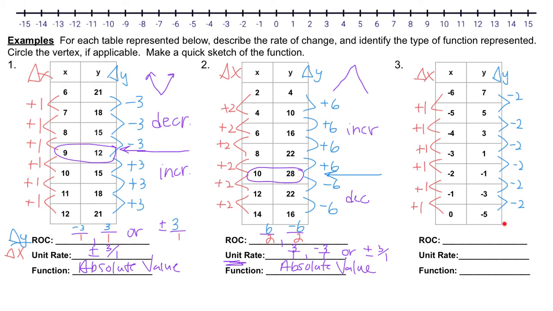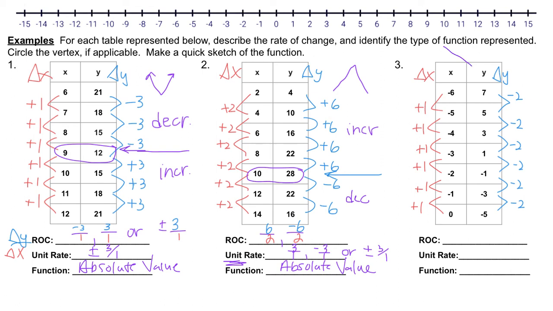So this is not an absolute value function because there's no turning point. There's no increasing to decreasing or decreasing to increasing. So since negative 2 over 1 is the same all the way down, our rate of change is the same going all the way down. And so this is a line. This is a linear function. And we know that it is decreasing the whole time.